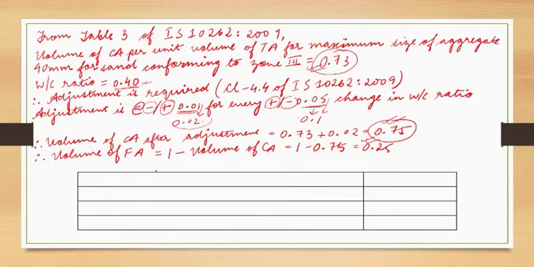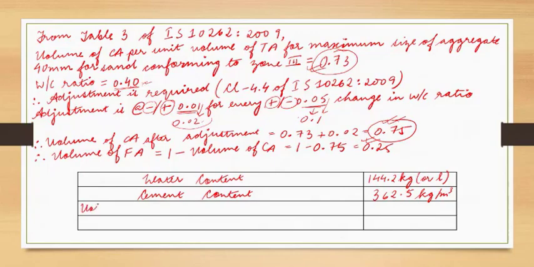So we can write down here, water content ami kiman paisu, 144.2 kg, or you can write it down as liter because 1 kg is equal to 1 liter. Cement content ami kiman paisu, 362.5 kg per meter cube.